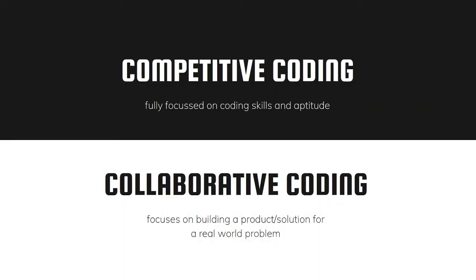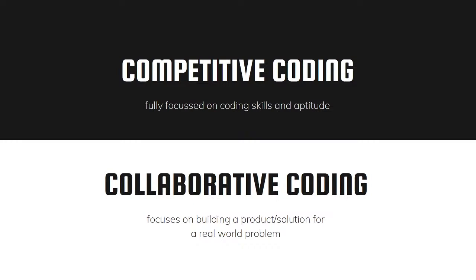Before starting the session, in order to ace any kind of competition, you should get to know the infrastructure of the competition, and have a clear idea about what the competition is meant to be. Firstly, you should understand the difference between competitive coding and collaborative coding. Competitive coding fully focuses on your coding skills and aptitude.